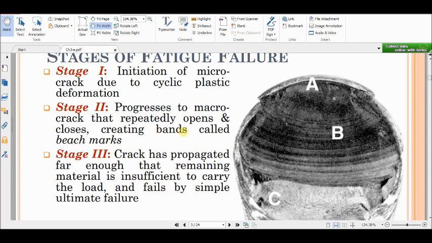When the dynamic loads repeatedly go through maximum and minimum, this micro crack will propagate and expand through the part, and you can find the trace of this propagation by marks like beach marks, like the trace of water on the sands of the beach. That's why we call them beach marks.